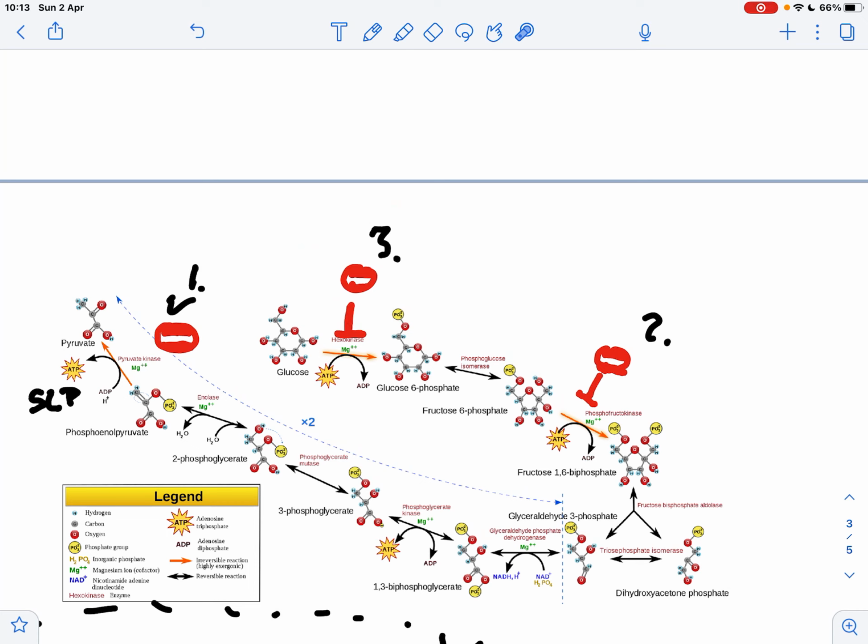That is the conversion from glucose 6-phosphate to glucose.